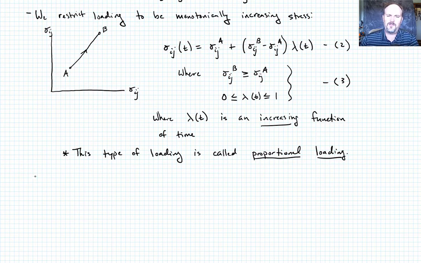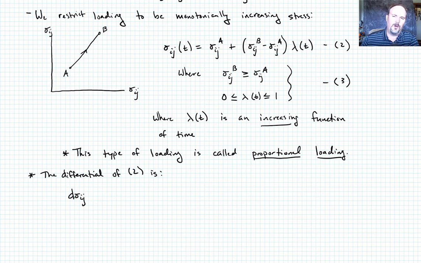Okay, we can take the differential of equation 2, and that is d sigma ij, which I hope you expect I'm going to plug back into my criteria, d sigma ij d epsilon ij greater than or equal to 0, for the material we care about. But let's define d sigma ij for this type of loading.